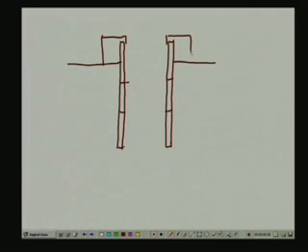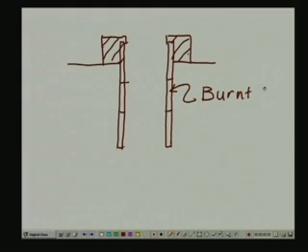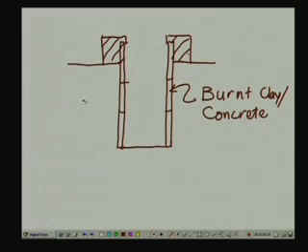These liners can be constructed out of burnt clay or concrete, okay, and basically they allow the water to be tapped into the well, or even you can use masonry liners as well.